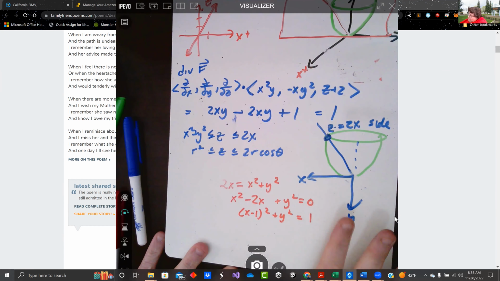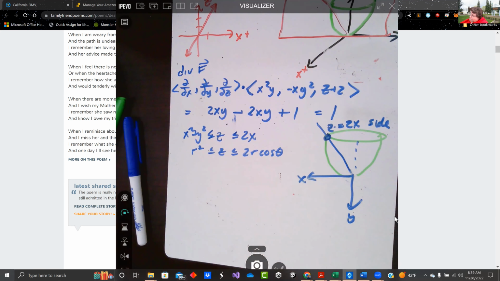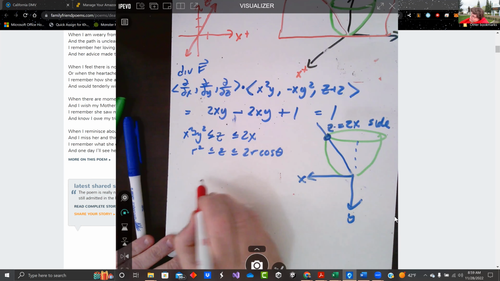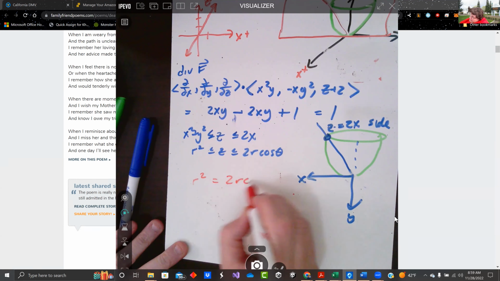So, where are they meeting? Let me look at it in terms of polar. Where does R squared meet 2R cosine theta?